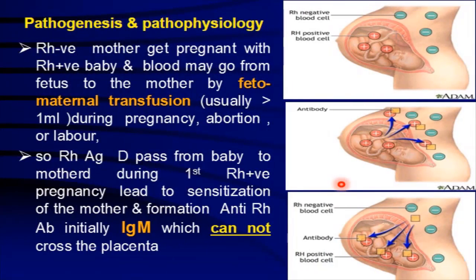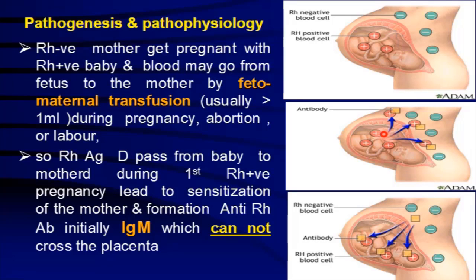Now here, regarding an Rh negative mother, when she gets pregnant with an Rh positive baby, she does not have any antigen, and the baby has an antigen because it is positive. Blood may go from baby to the mother through fetal-maternal transfusion during pregnancy, abortion, or labor.